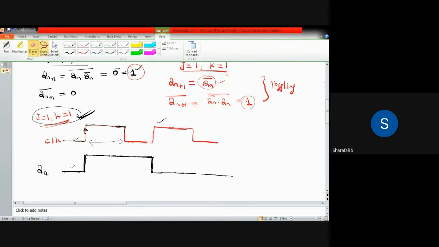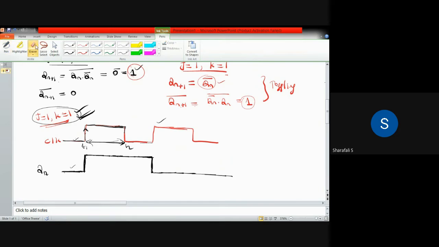Why is it happening? Because your clock is already at a high position until it reaches this point. Let's say this is T1 and T2. Within T1 and T2 the clock is in the high position, clock equal to 1. Since the clock is equal to 1 and you have the condition J equal to 1, K equal to 1, the toggling can happen within this clock pulse.